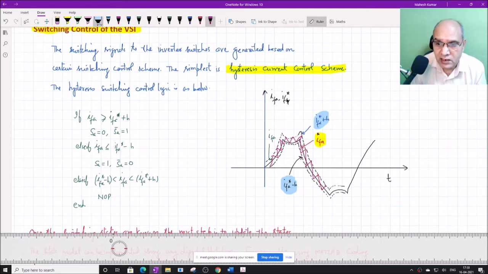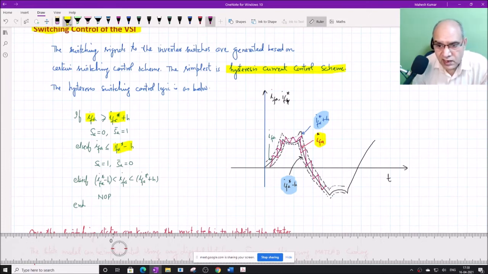So we monitor the IFA current. Look here, this is the actual current. We monitor this current by measuring it. We have a current transducer which measures the current in the filter leg A, and it is monitored against IFA star plus H and IFA star minus H. Based on that, the decision for switching is taken.